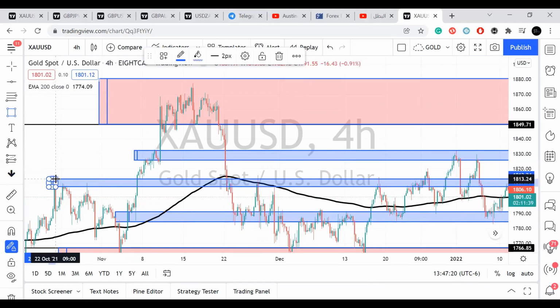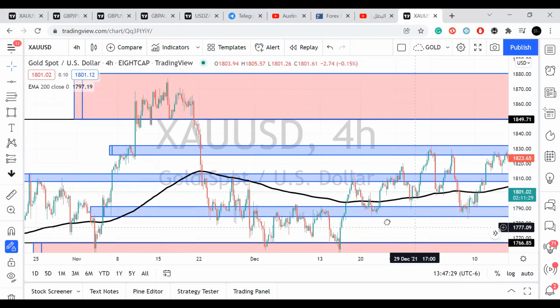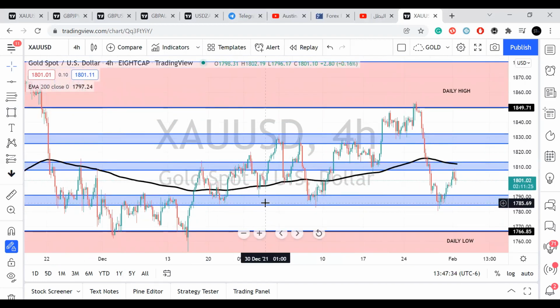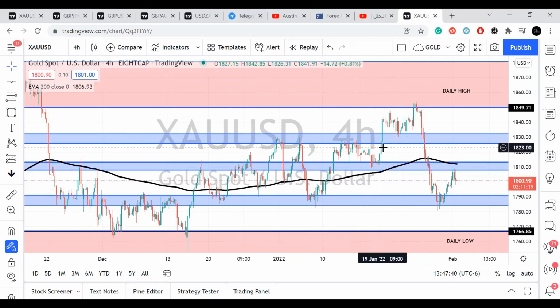This is a very important structure. And I think this is it. This is what we need. So you see how significant these zones are to the price.